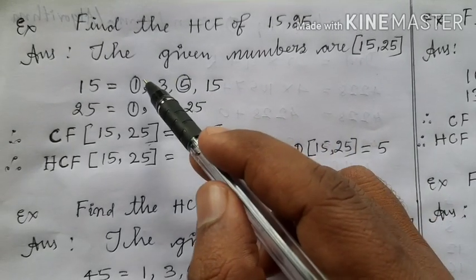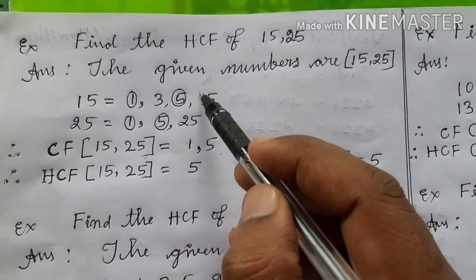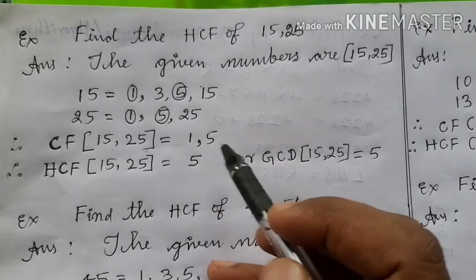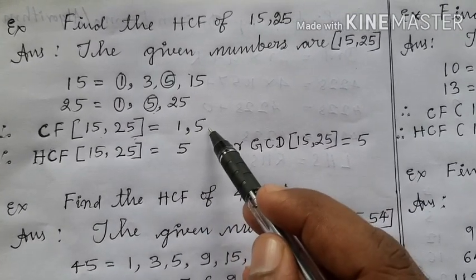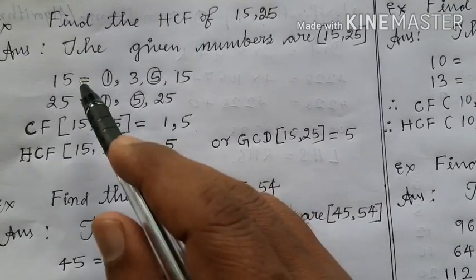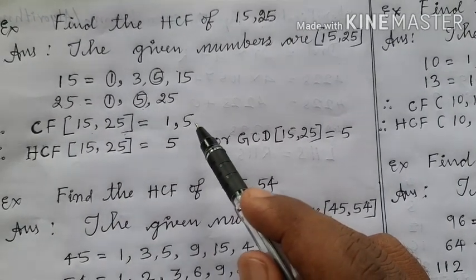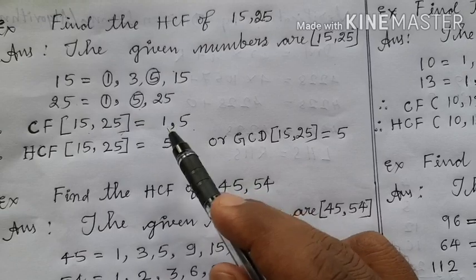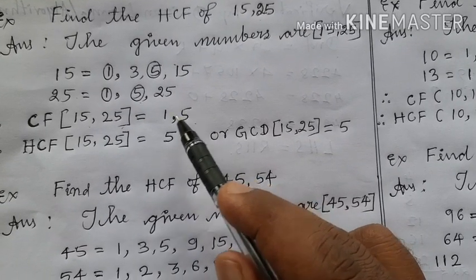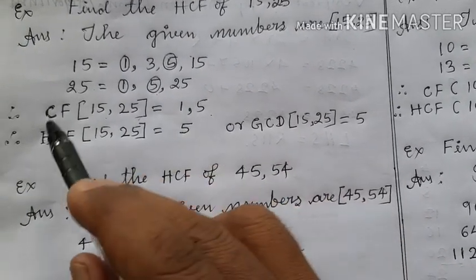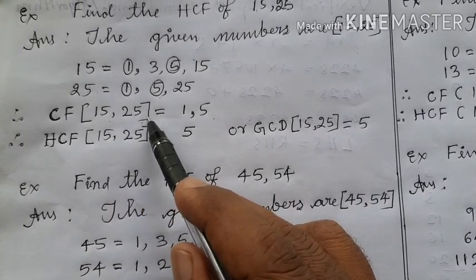Here the factors 1 and 5 are common factors of 15 and 25 because 1 and 5 both divide 15 and 25 without leaving any remainder, meaning they leave the remainder 0. That's why 1 and 5 are the common factors of 15 and 25.